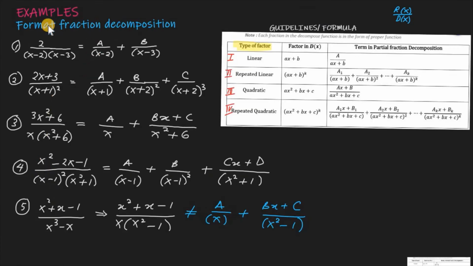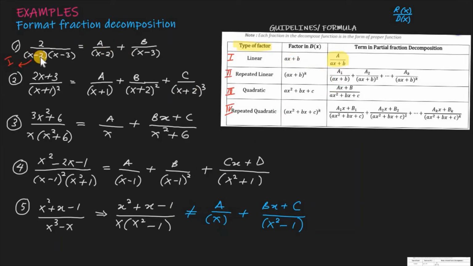Let us look at an example on how to decompose the fraction. Let's say we have a fraction like this. How do we decompose it? You have to analyze the denominator. Here we see that the denominator is like case number 1, where we have a linear factor and it is unique, not repeating. In that case, the decomposition is A over the factor itself.